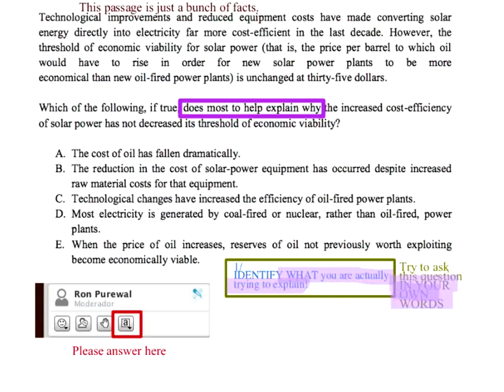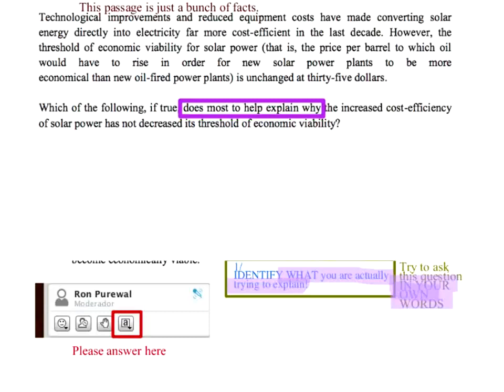Let's pause and put the whole argument into our own words, and that'll help. So let's kill these choices real quick, and let's put this argument into our words. Very, very important to do that.